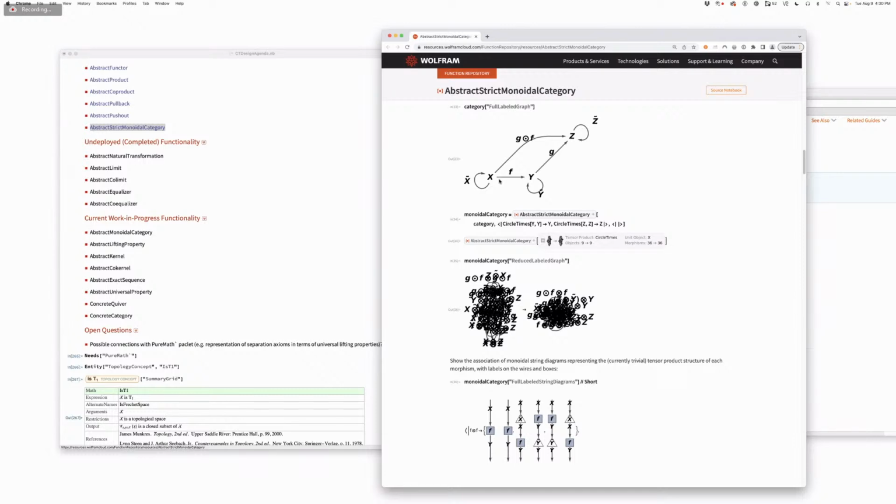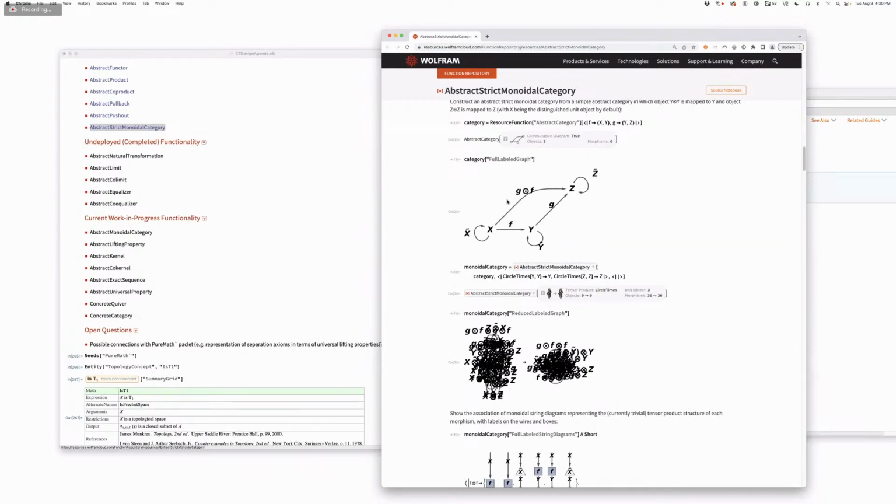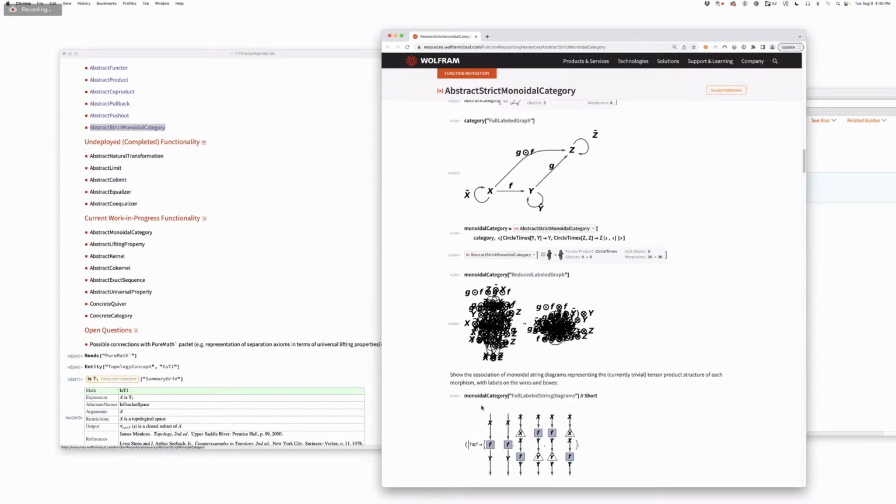Okay, so here in particular, you've got this category set up. I love the fact that we can just type stuff in. Okay, so this is some category here. I think I understand what that is. Now you've got the product, the tensor product category.